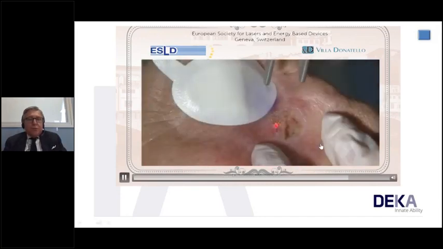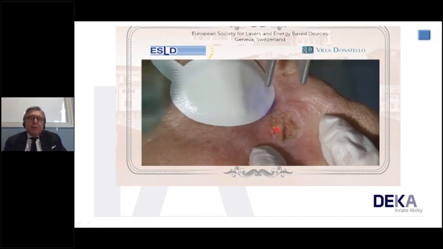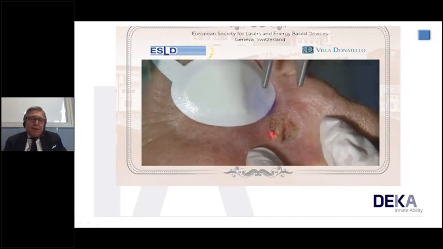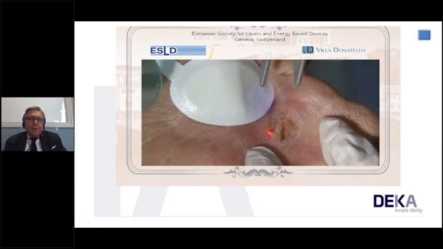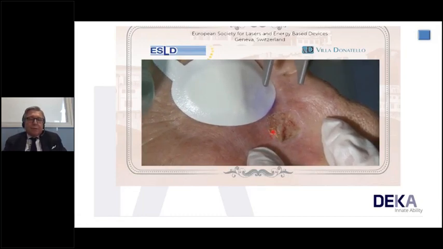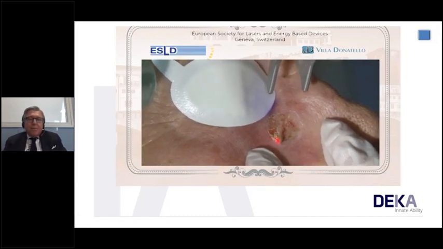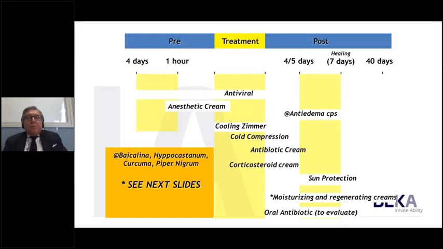You see, we need to remove the necrotic debris, as I already explained in the previous slides, until we get to the final steps of this treatment. An important slide here: the pre-operative evaluation, treatment and post-op treatment.